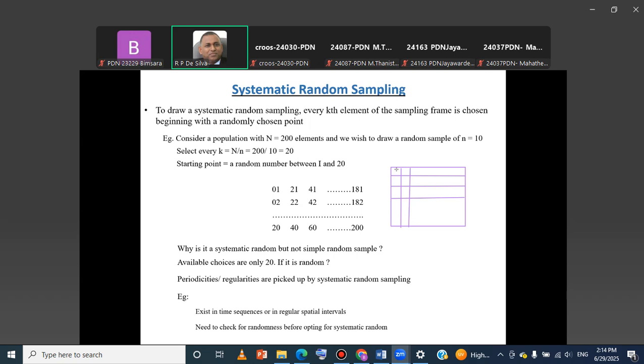Sampling comes in when it is not possible to cover the entire area. When it is a census, you don't need samples, because a census covers the entire population. The household and expenditure survey conducted by the Department of Census and Statistics is a census: you go to each and every household and collect the information.